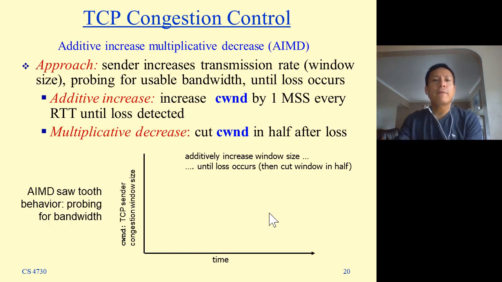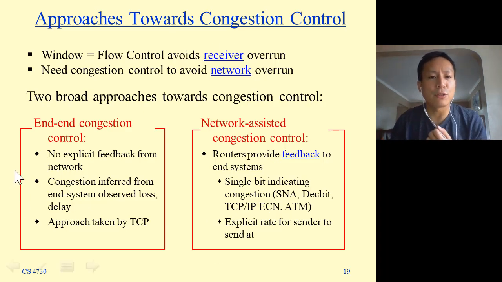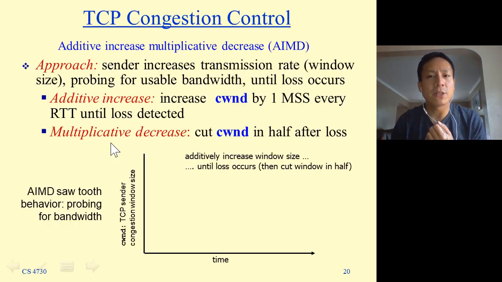So, if we only consider the simple case, which is TCP's method of doing congestion control, that is the end-to-end congestion control mechanism, left-hand side, right? So TCP does this, and more specifically, how TCP does this congestion control is that it adopts a mechanism called AIMD. Okay, AIMD means additive increase and multiplicative decrease.